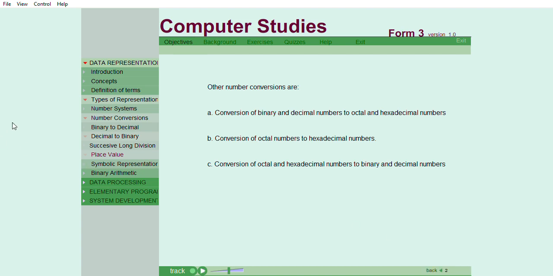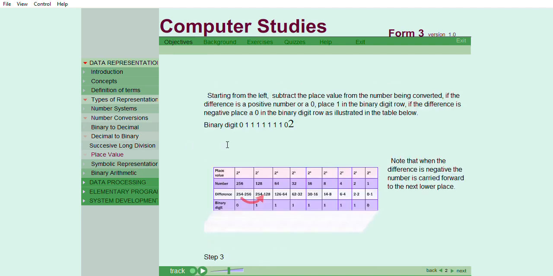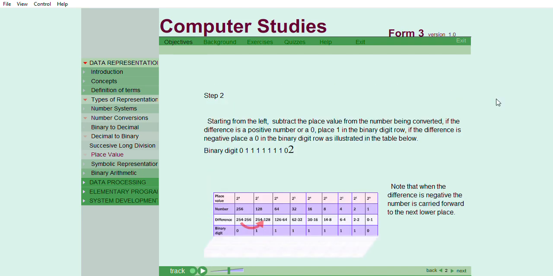Step 2. Starting from the left, subtract the place value from the number being converted. If the difference is a positive number or a 0, place 1 in the binary digit row. If the difference is negative, place a 0 in the binary digit row as illustrated in the table below.